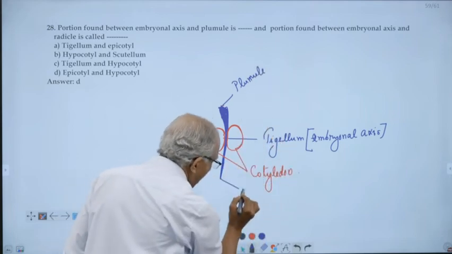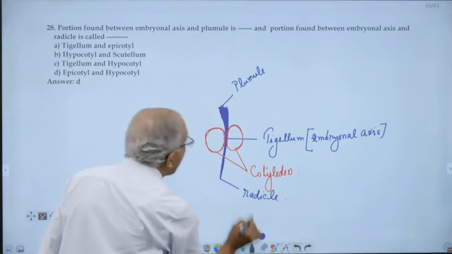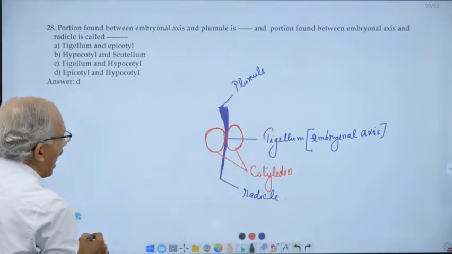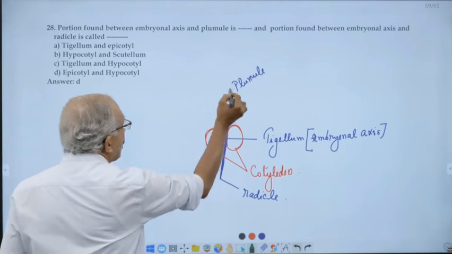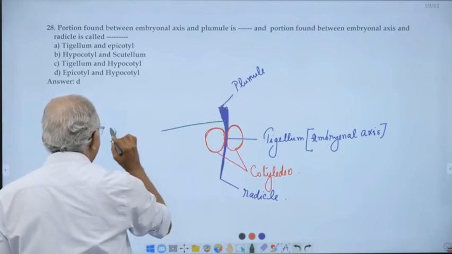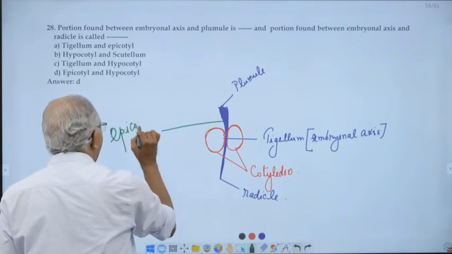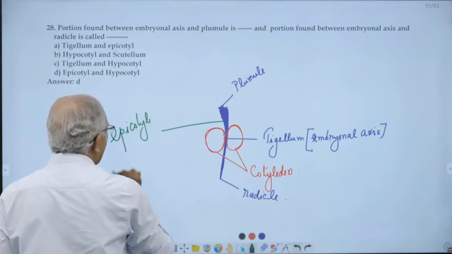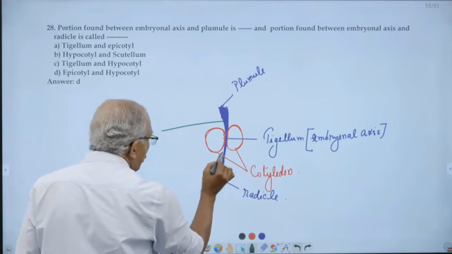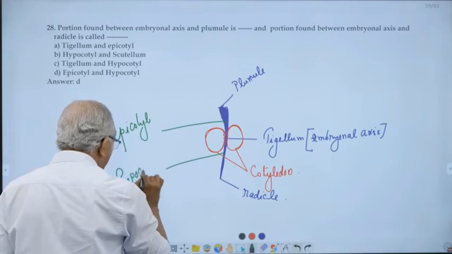This is the radicle. The portion of the embryonal axis below the plumule and above the cotyledon is the epicotyl. This portion is called the hypocotyl.